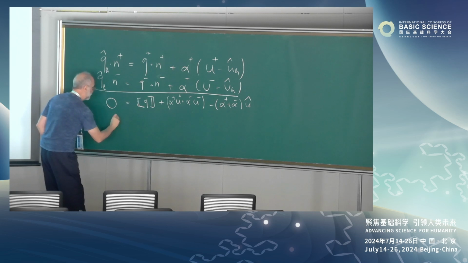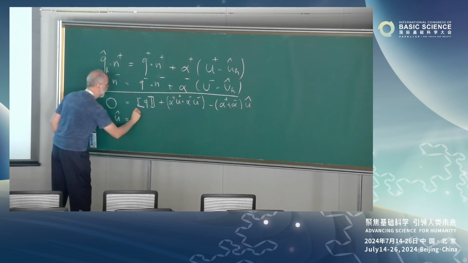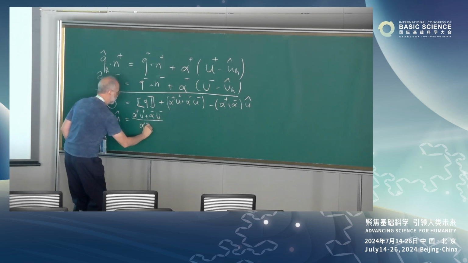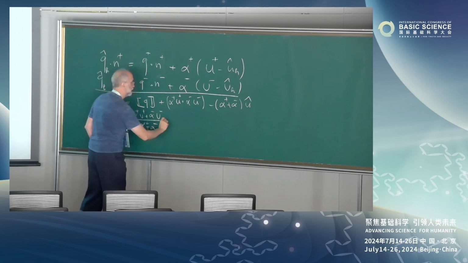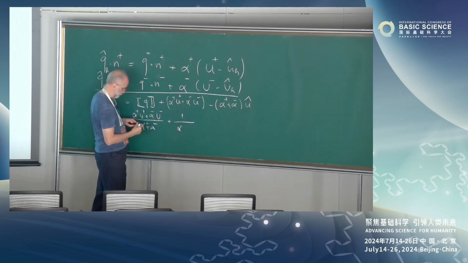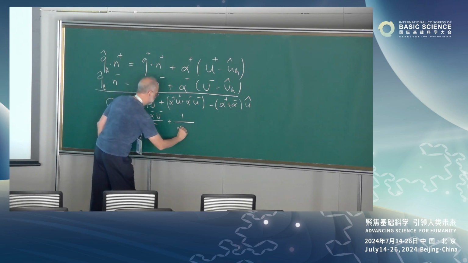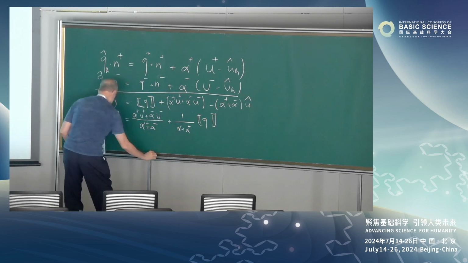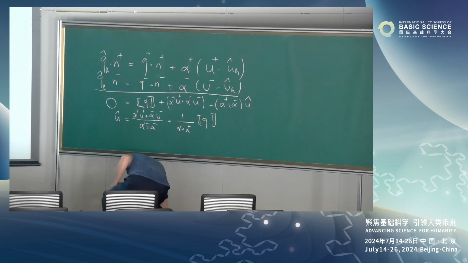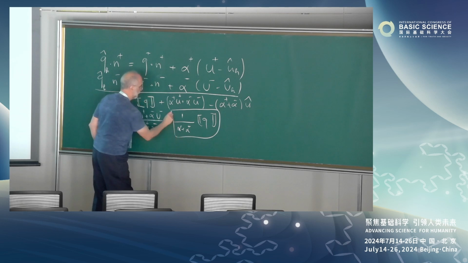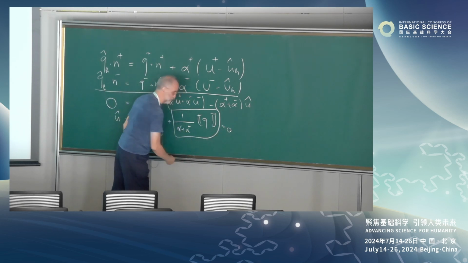So in particular, U hat is equal to alpha plus U plus alpha minus U minus, and then plus 1 over. So this term is equal to 0 for the LDG.